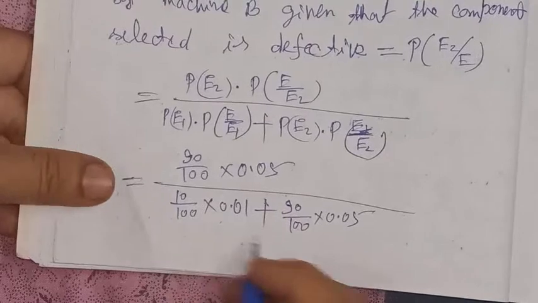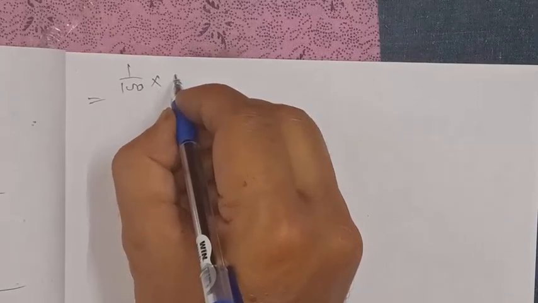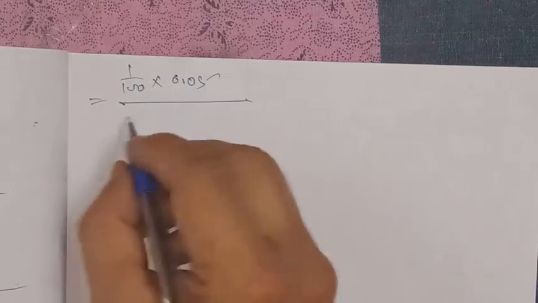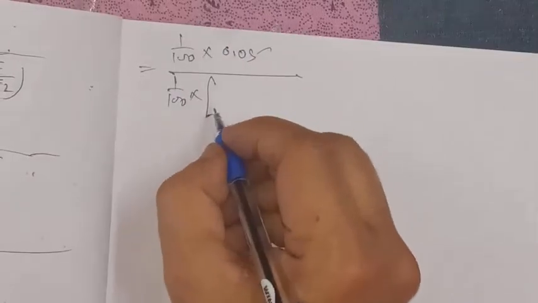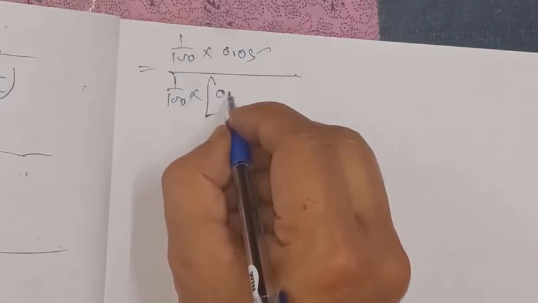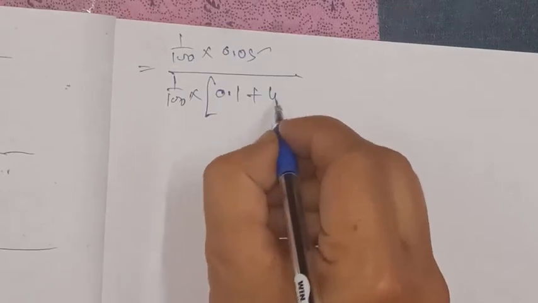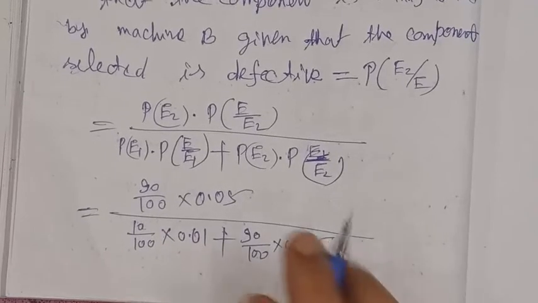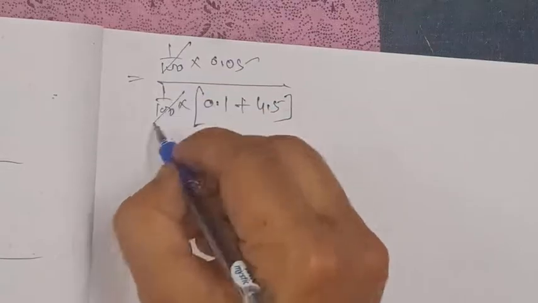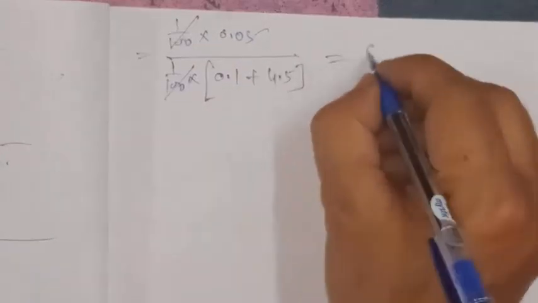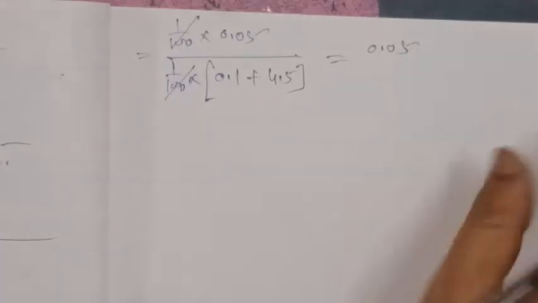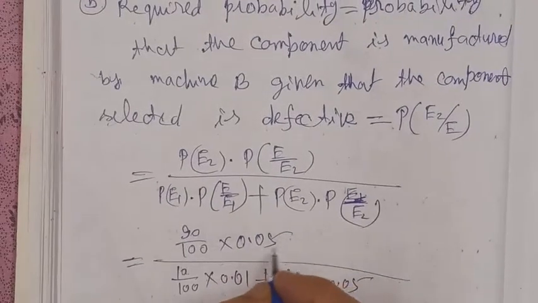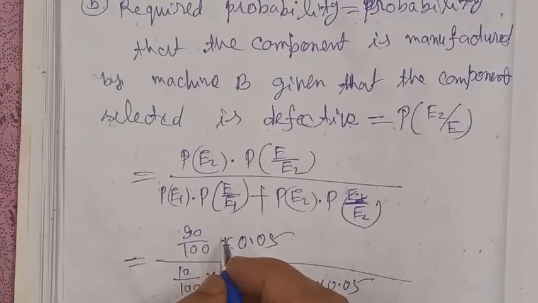Now the same calculation. We take out 1 upon 100 from numerator and denominator, and we get 0.05 in the numerator, and in the denominator 1 upon 100 is common in the two terms, so we get 0.1 in the first term and 4.5 in the second. Cancelling 1 upon 100, we get 0.05, and 90 multiplied by 0.05 gives 4.5.